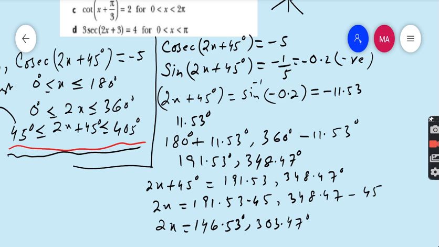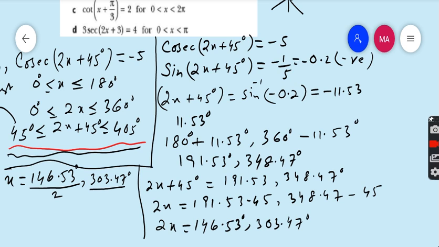But this is not our final answer because we need the values of x, and this is equal to 2x. So we should divide each angle by 2: 146.53 upon 2 and 303.47 upon 2.